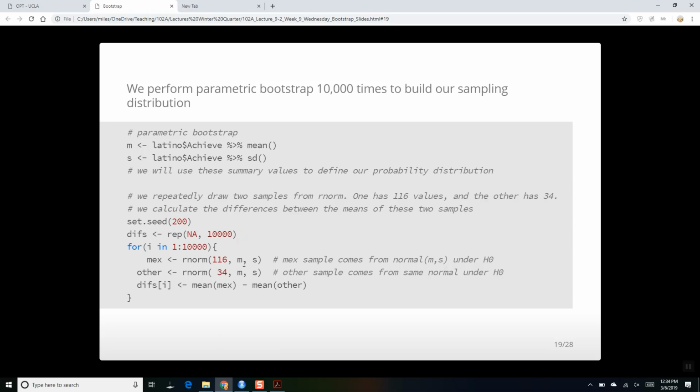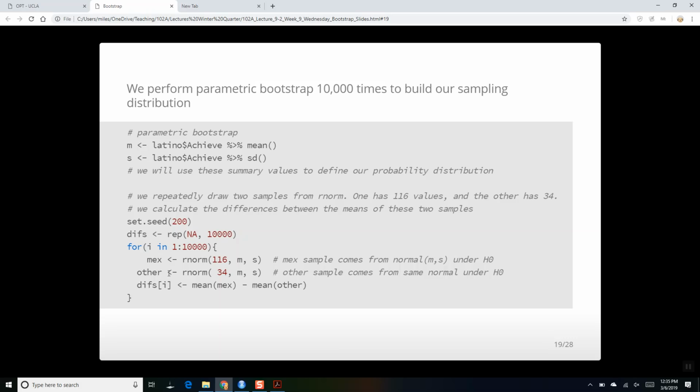So we're just simulating a normal distribution with this mean and this standard deviation for everybody, and just to recreate the same sizes of the samples that we have, we're going to say 116 from our norm are our simulated values for Mexico, and 34 from our norm will create our simulated values for the other countries.